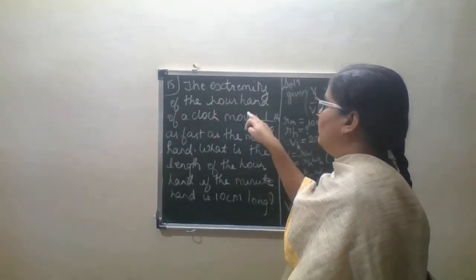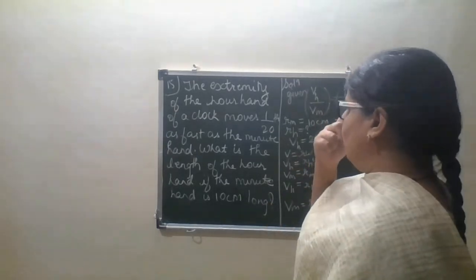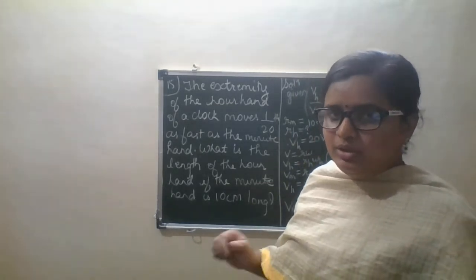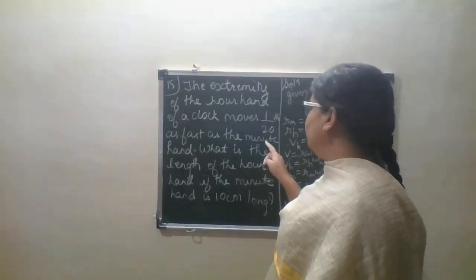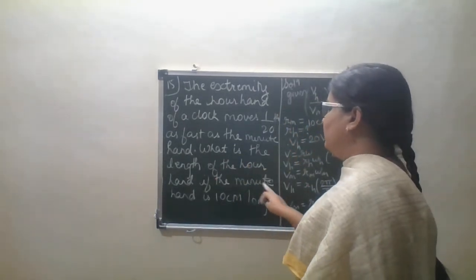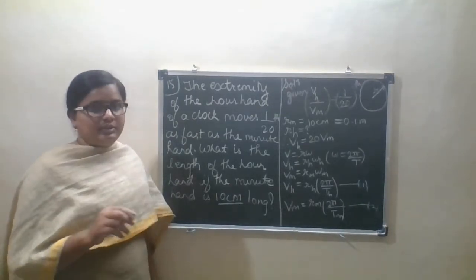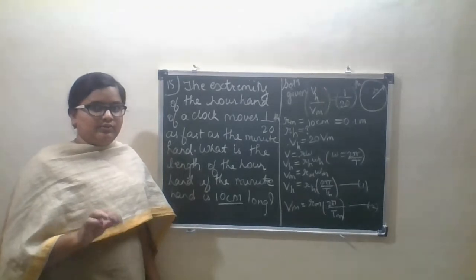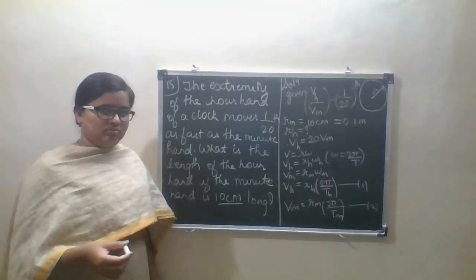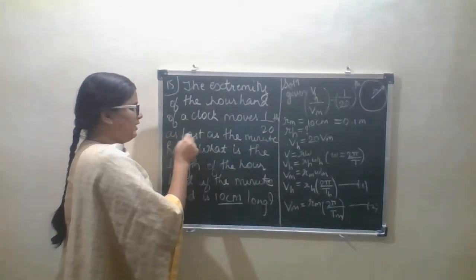The extremity of the hour hand of a clock moves 1/20th as fast as the minute hand.